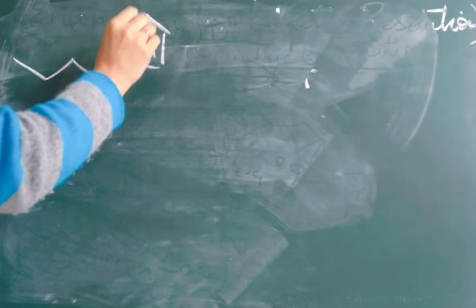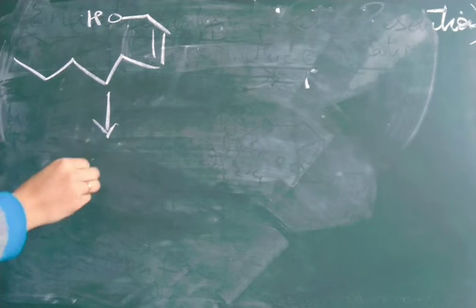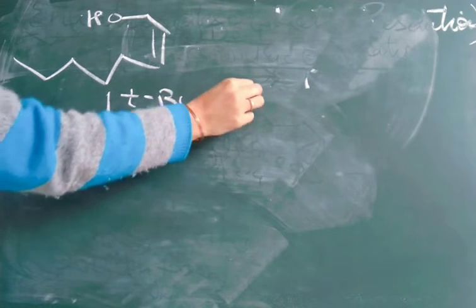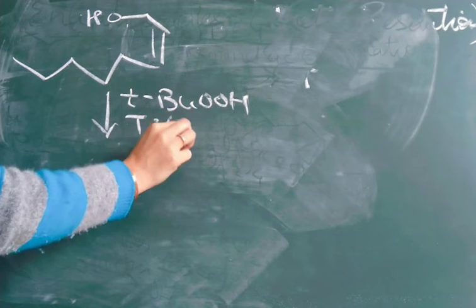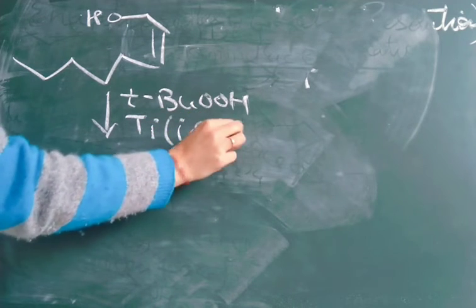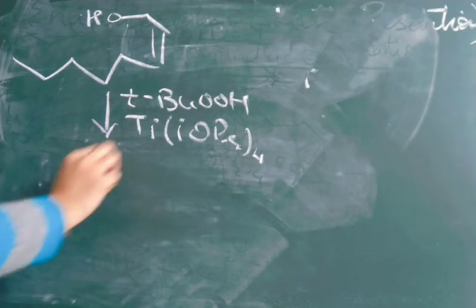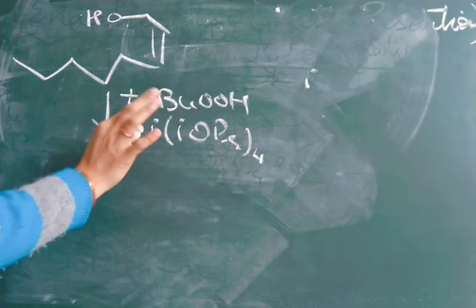So here I am writing any allylic alcohol when it is treated with the oxidizing agent. In presence of oxidizing agent, titanium tetraisopropoxide, and second the chiral ligand is left.